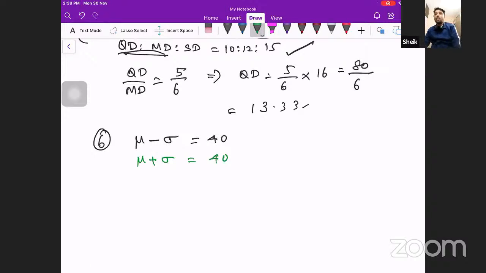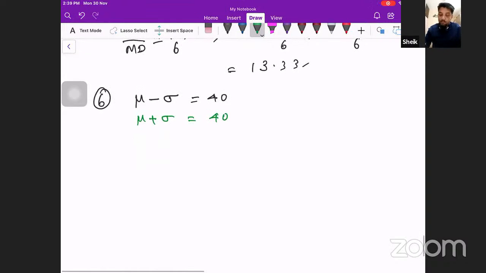Now the question is, we need to find out the mean. What is mean here? Mu is mean. So now can we add, sorry, this is 60. Let me find out the mean.